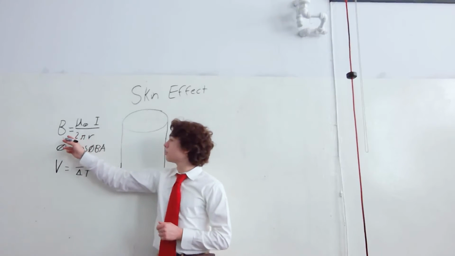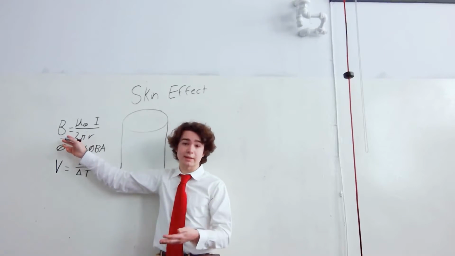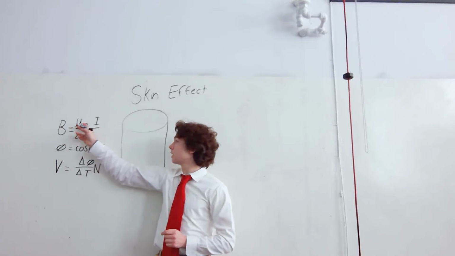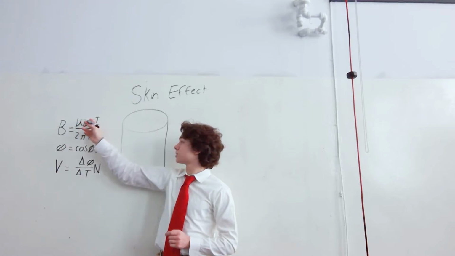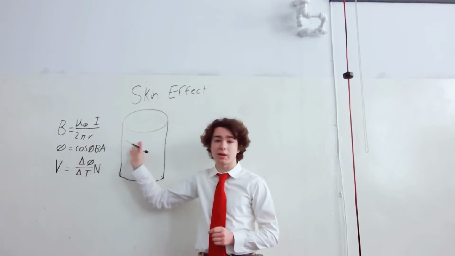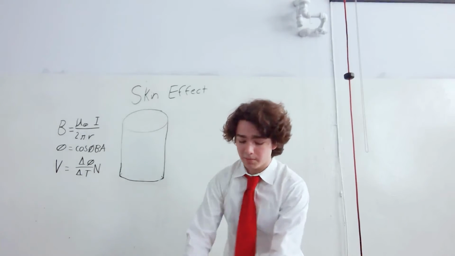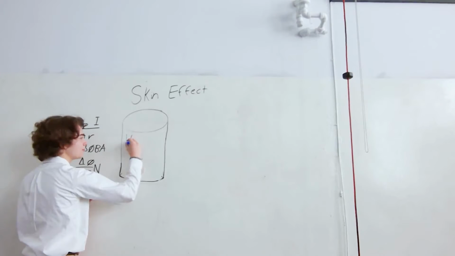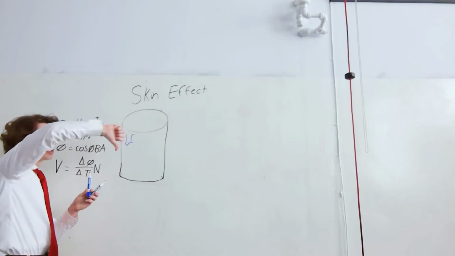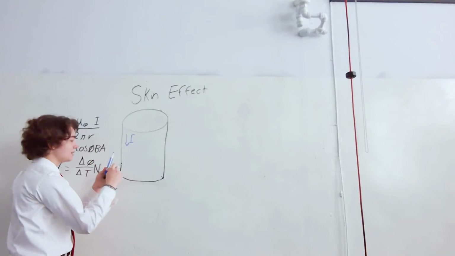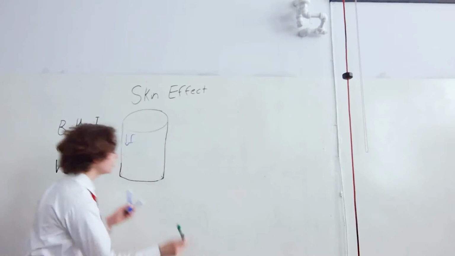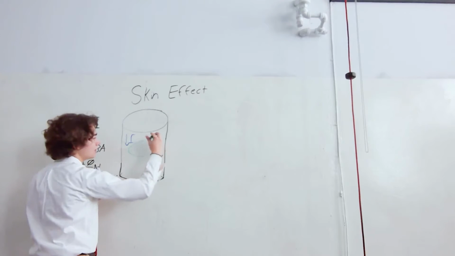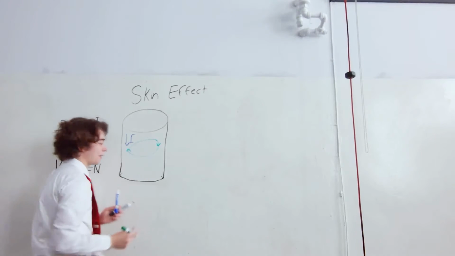This can be modeled by our equation B, magnetic field, equals the permeability of free space times current over 2 pi times the radius of the wire. So, with our current flowing down here, we're going to use our thumb rule, and we can see that the magnetic field, shown here in green, will wrap around this way.